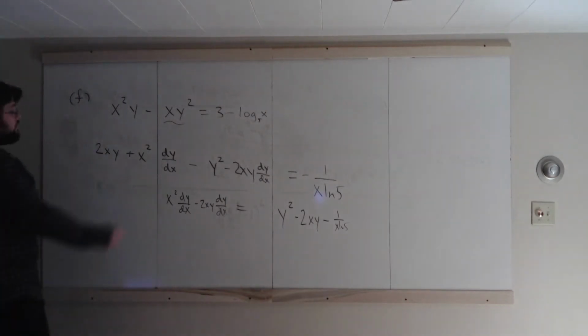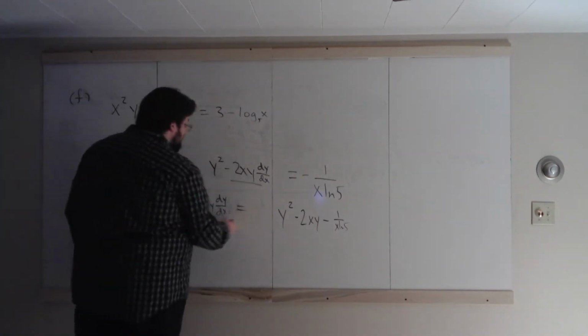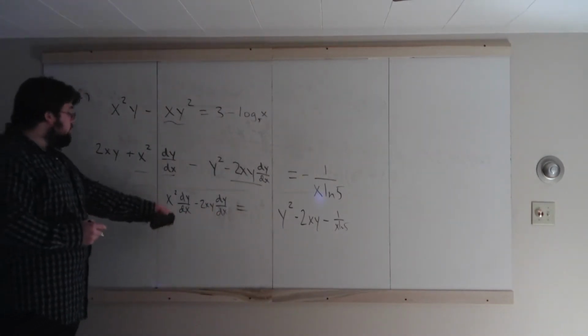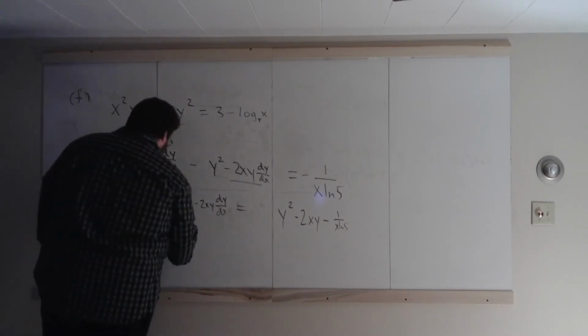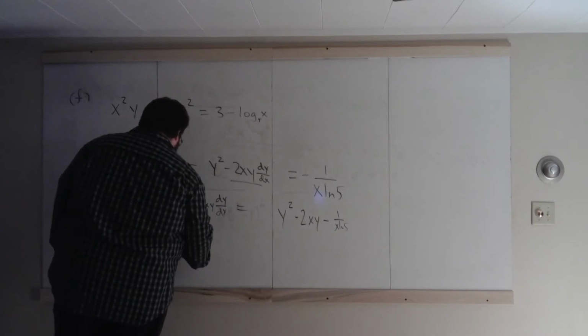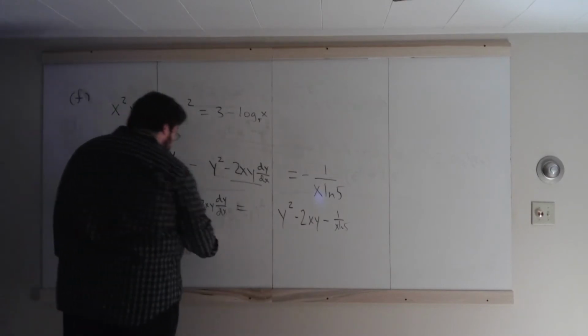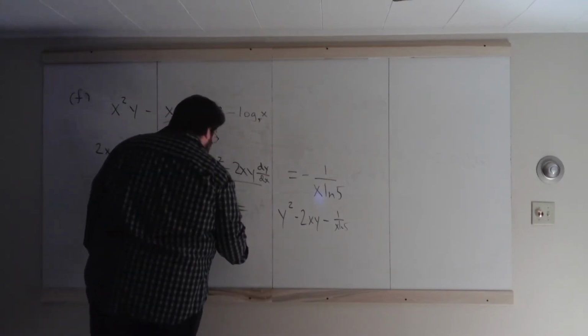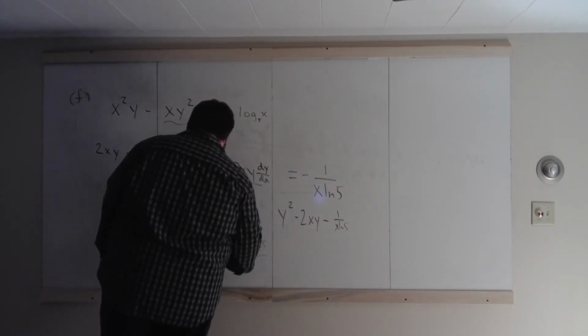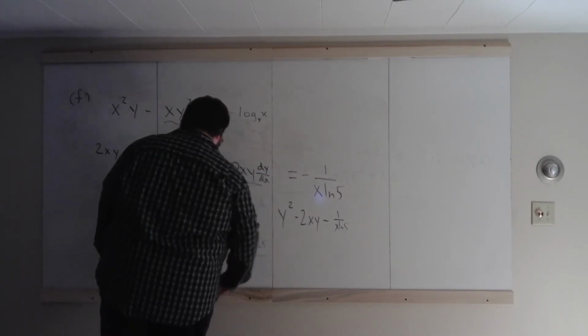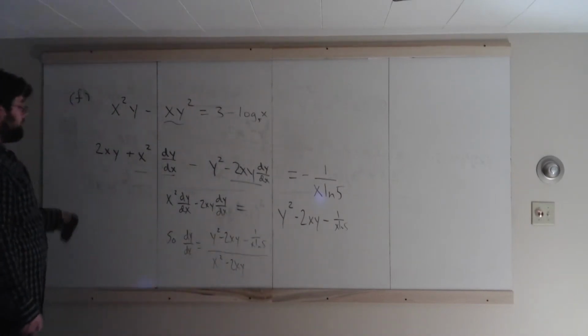And I left the things with a dy dx on this side. Now you can factor out a dy dx and divide by x squared minus 2xy. So dy dx here equals y squared, negative 2xy, negative 1 over x log 5 over x squared, negative 2xy.